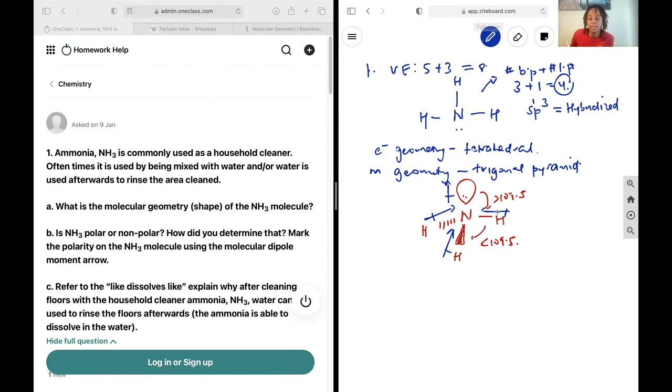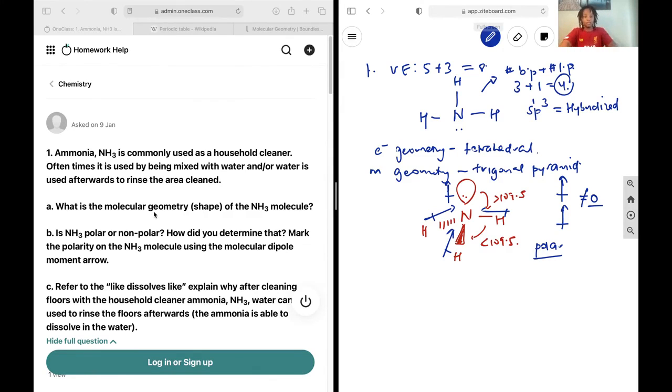The angular components would all cancel each other out simply because of the trigonal pyramidal shape, and it would just leave a dipole facing up because of the lone pair, and another dipole also facing up because of the difference in electronegativity between these 2. Of course, this would not lead to them canceling out, and we would have a non-zero dipole moment left over, and that would mean that the molecule is polar.